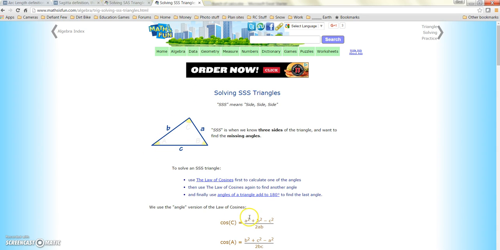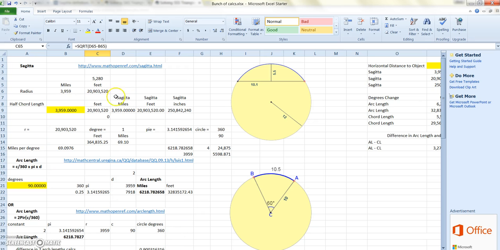And so once I've got all those figured out, I can then plug those numbers into my formulas here to figure out what the degree is, how far away I am from an object, or if I know how far away I am from an object, what my arc length is, what my angle degree change is, and all that kind of fun stuff.